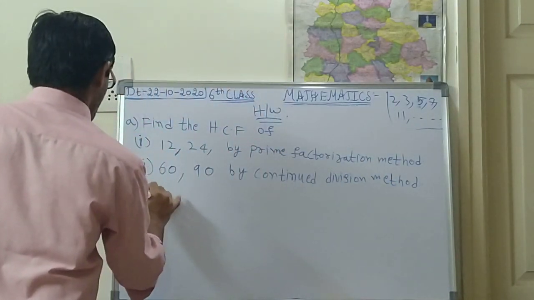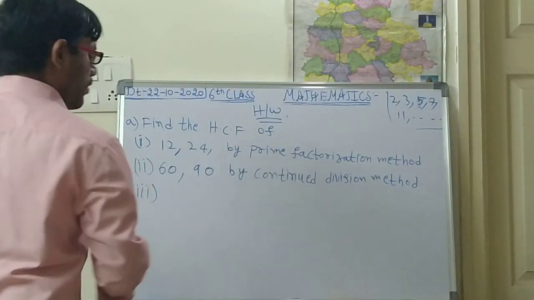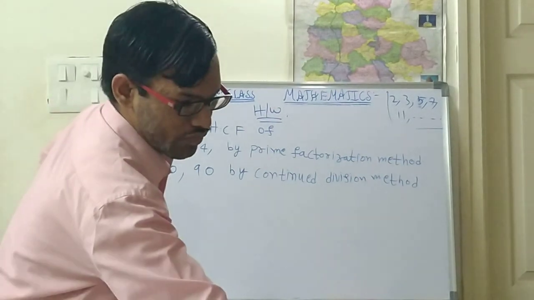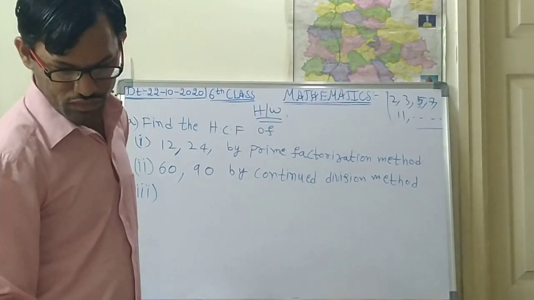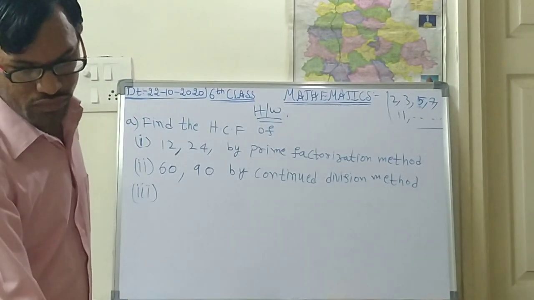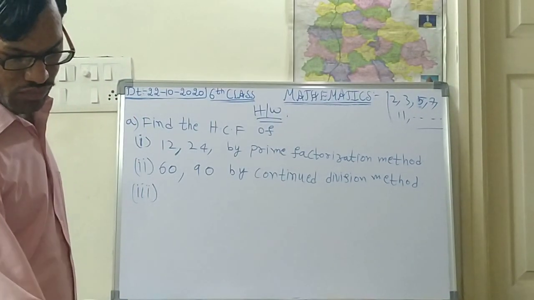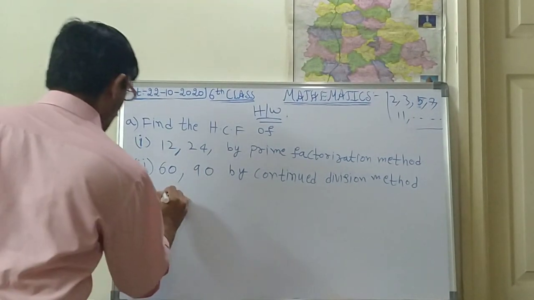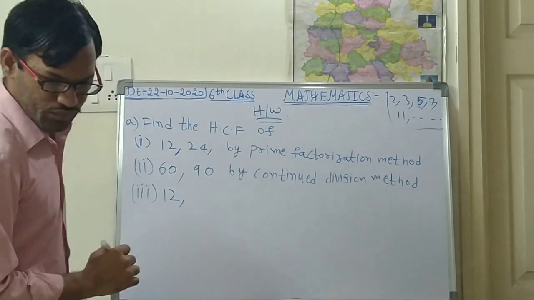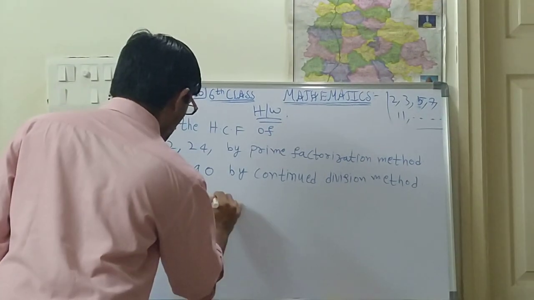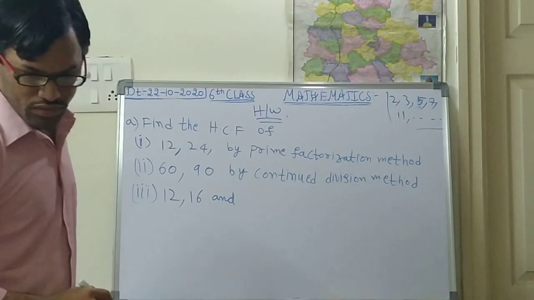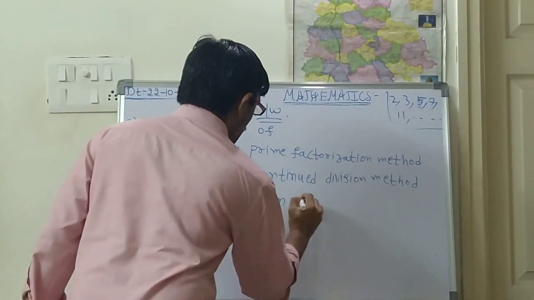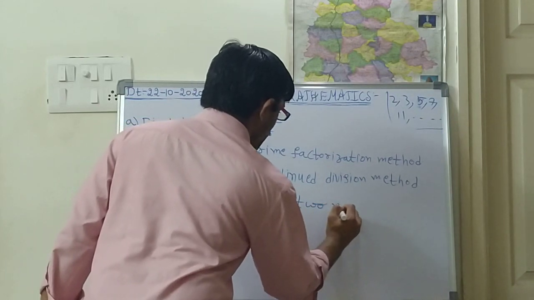Next, third one: 12, 16 and 28 in two methods.